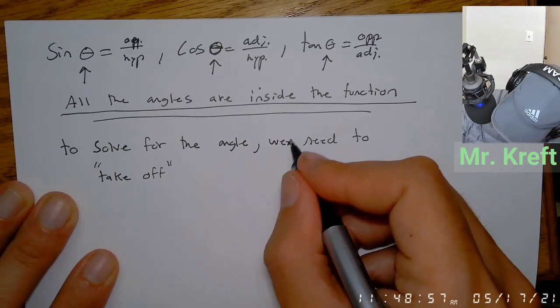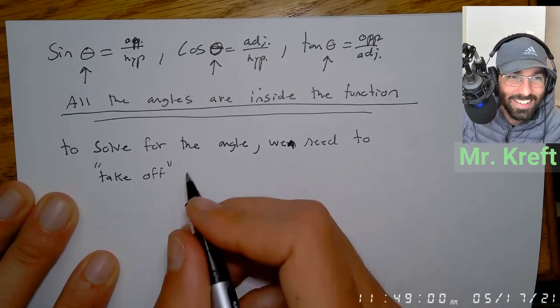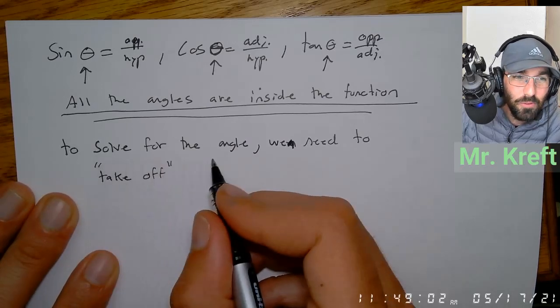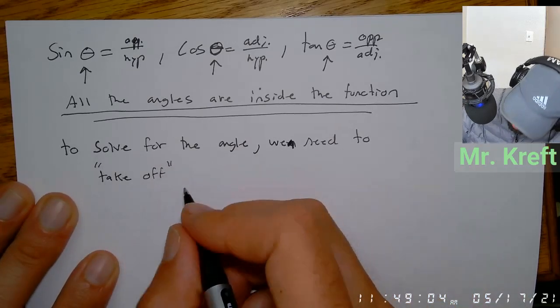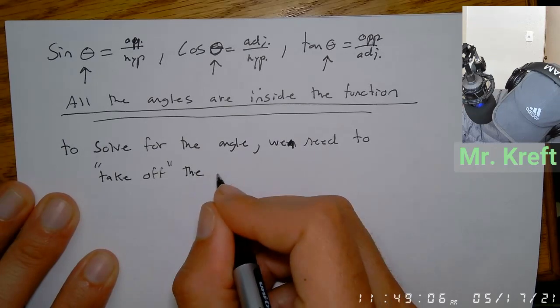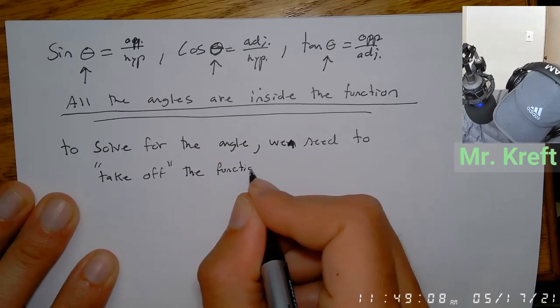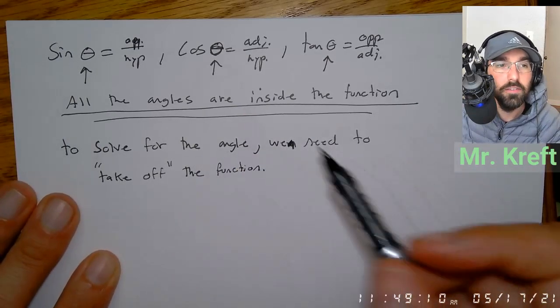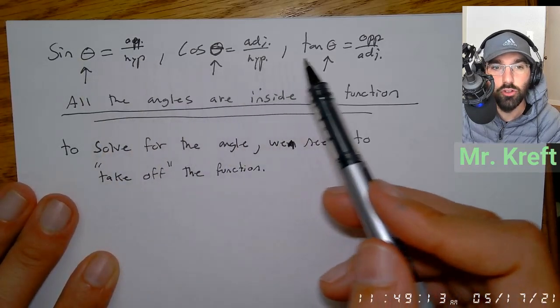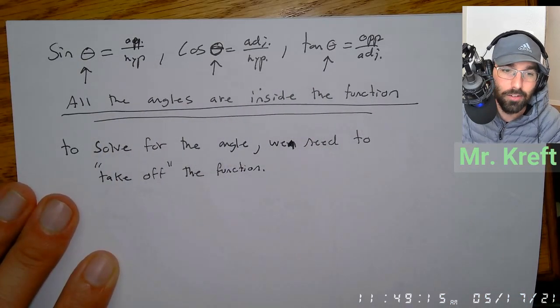We need, oops, did I spell we with 2 E's? Oh my gosh, I'm adding E's everywhere. To solve for the angle, we need to take off the function. Think of it as an angle inside of a shoe, and we want to take off that shoe.